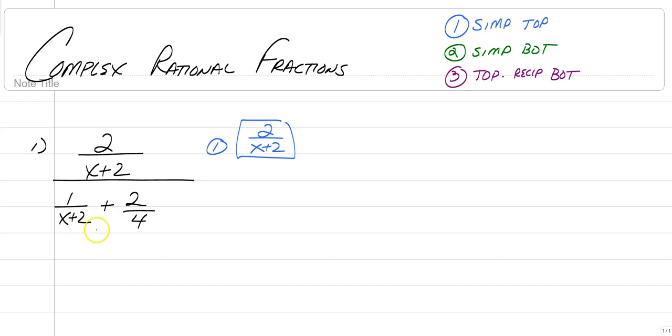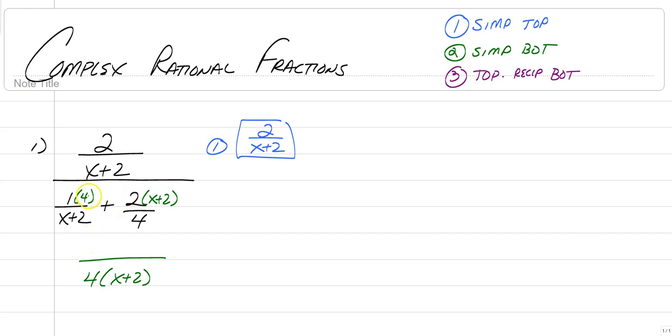So in the last video you learned how to add and subtract rational expressions. So this guy needs an x plus 2. And this guy needs a 4 because they need a common denominator of 4 times x plus 2. So we have 1 times 4 is 4, and then 2x plus 4.